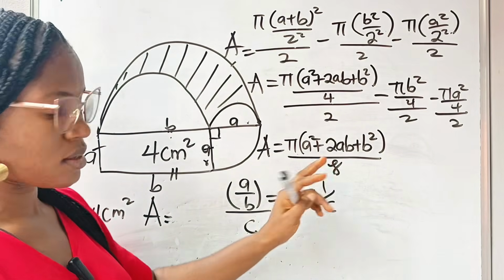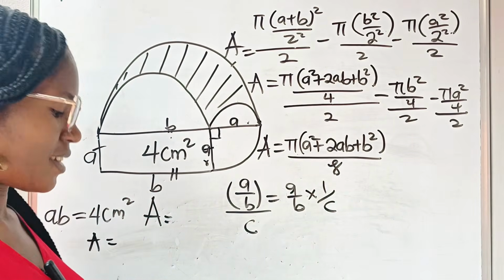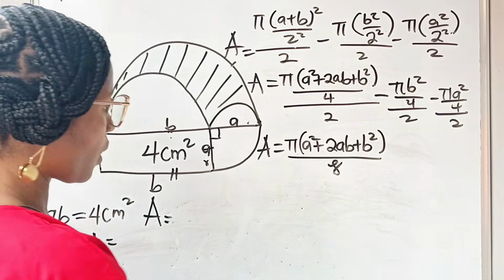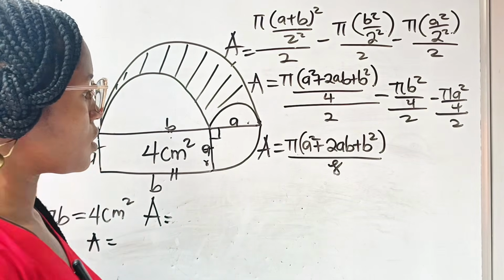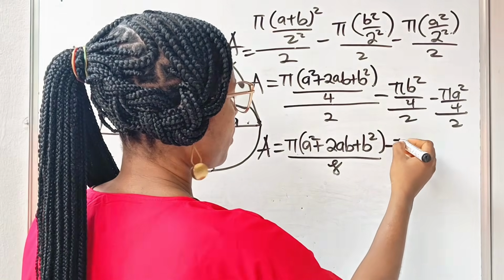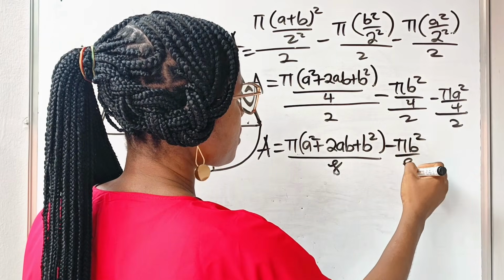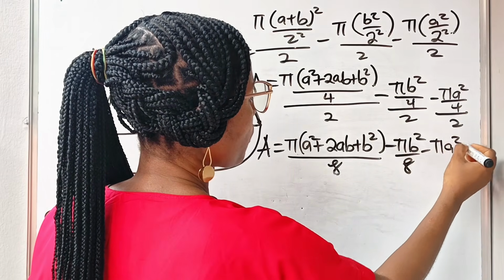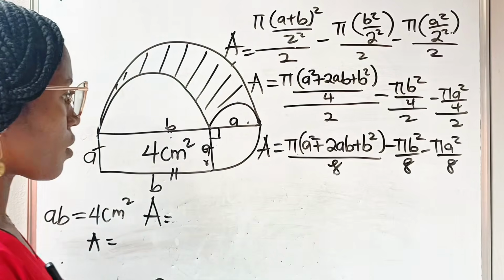Yeah, so that is exactly what I did there. So moving forward, same thing will happen here. We have pi B squared over 8, and here we have pi A squared over 8. All right.